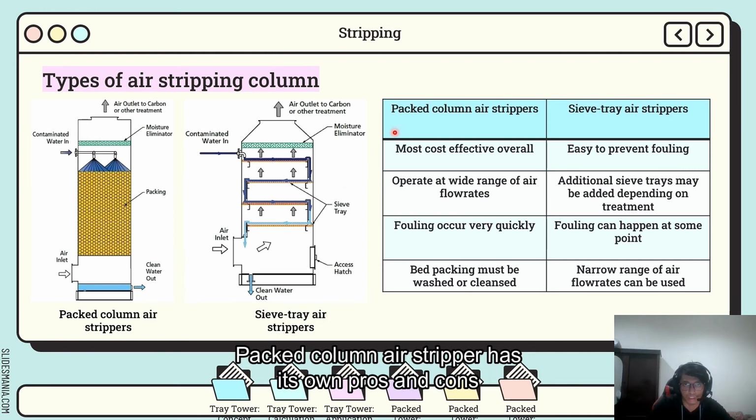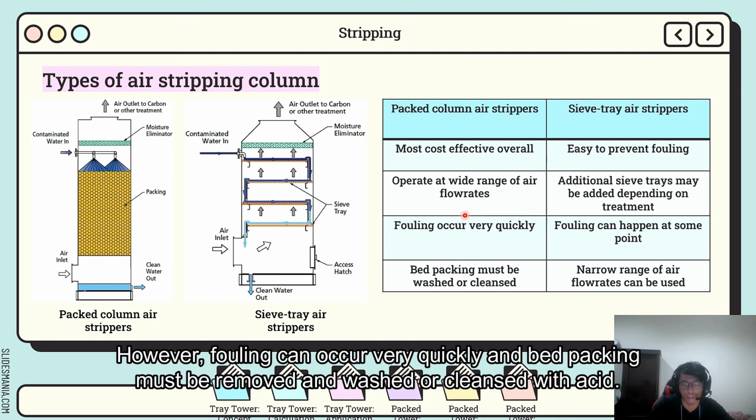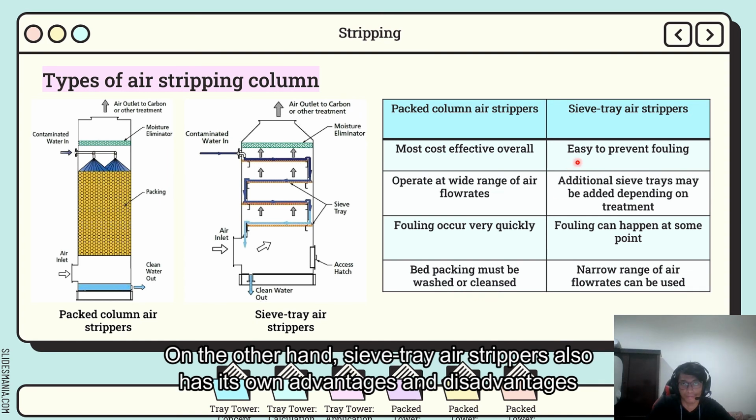Packed column air strippers have their own pros and cons. It is the most cost-effective overall and can operate at a wide range of airflow rates. However, fouling can occur very quickly and the packing must be removed and washed or cleansed with acid. On the other hand, sieve tray strippers also have their own advantages and disadvantages.